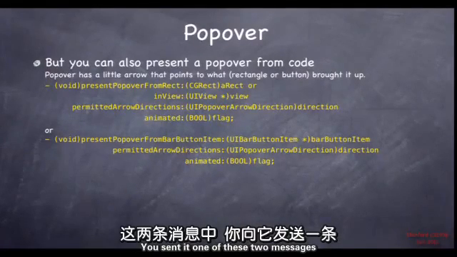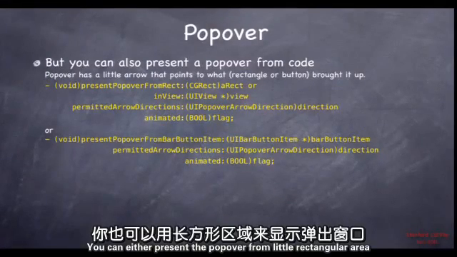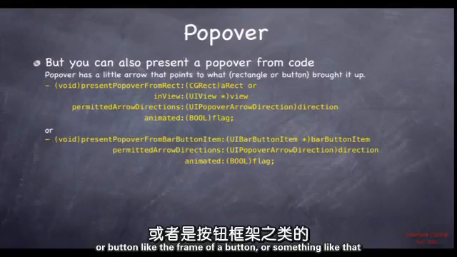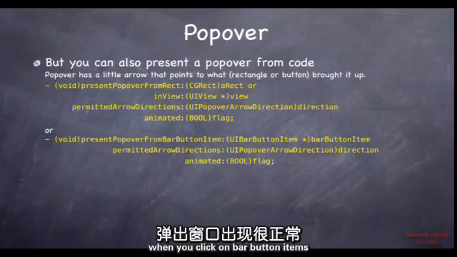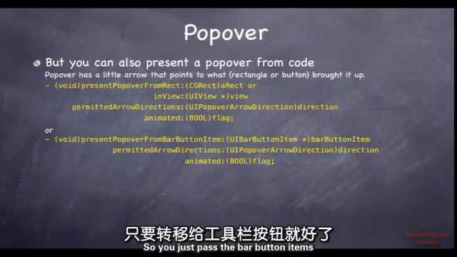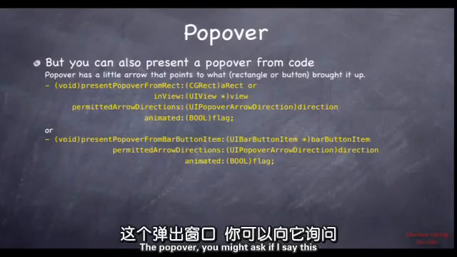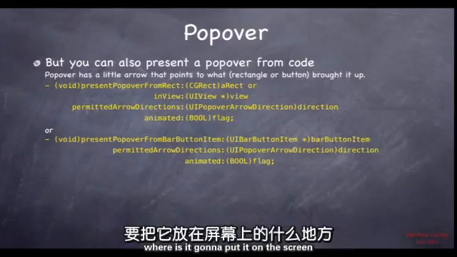You send it one of these two messages to make it appear on screen. This is if you don't use a segue. You can either present the popover from a little rectangular area, maybe some selected text or some view, or the frame of a button, or you can present it from a bar button item. It's very common for popovers to appear when you click on bar button items, so you just pass the bar button item. Notice this argument here, permitted arrow direction. You might ask, if I present from a bar button or from a rectangular area, where's it going to put it on screen?